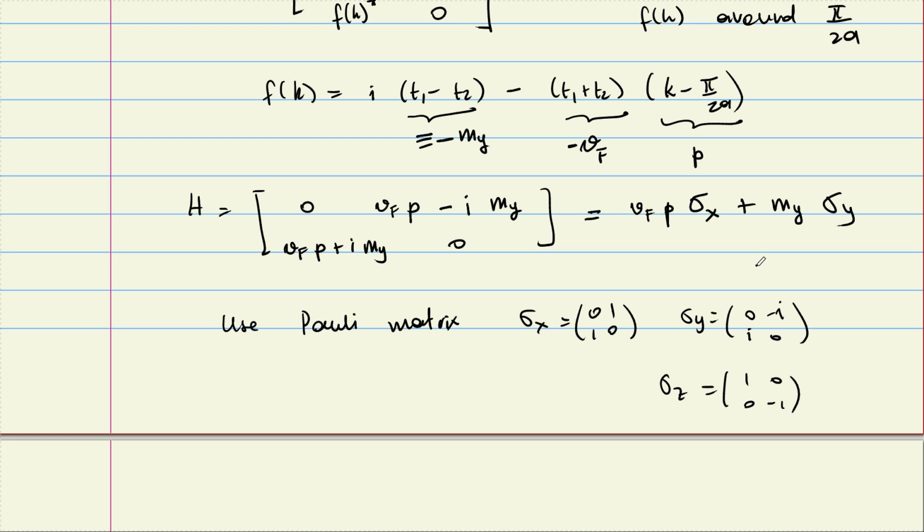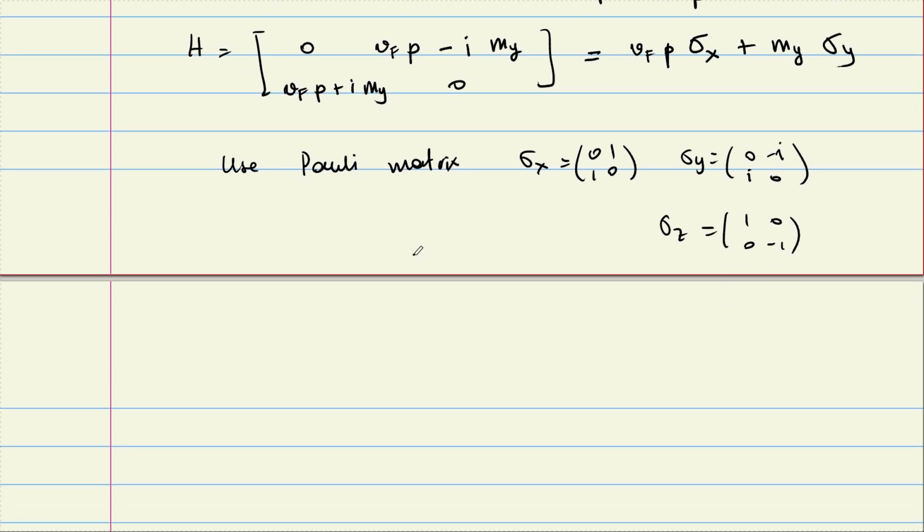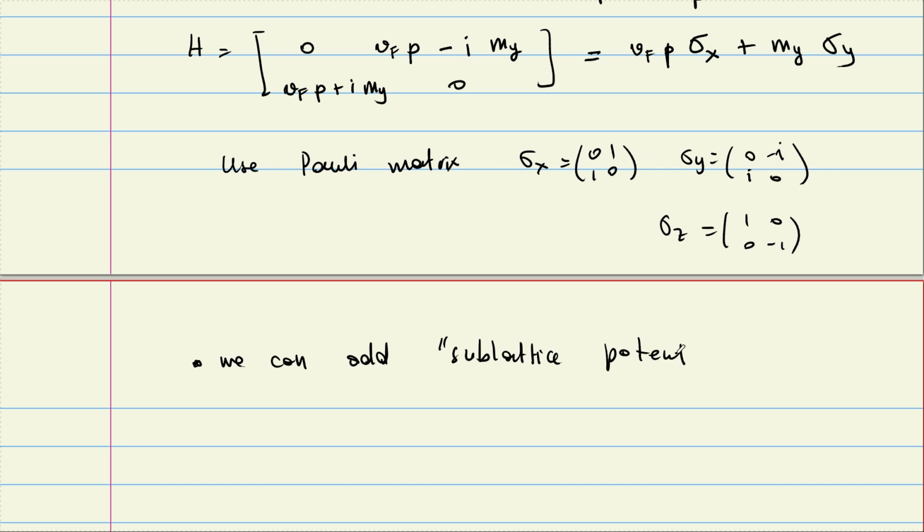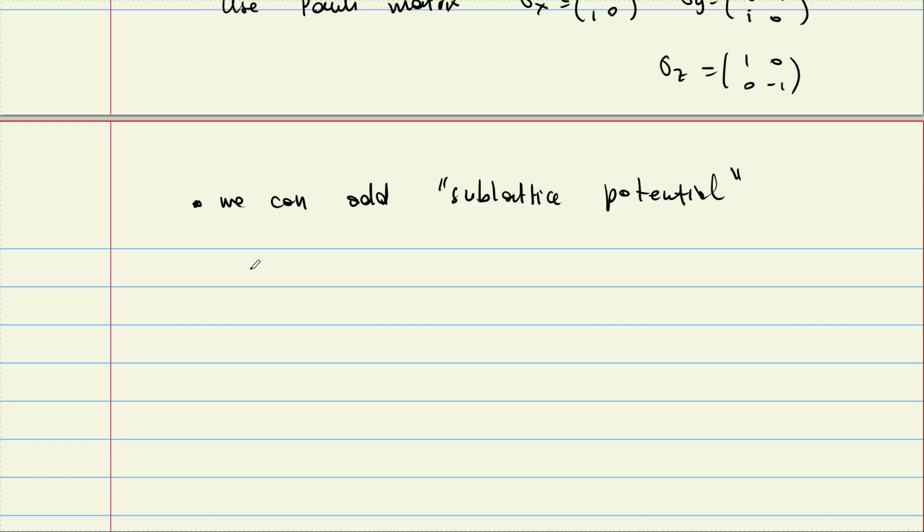Okay, and so we can also consider adding a so-called sublattice potential, or sublattice energy difference, which is going to be something like this. For example, H sublattice is going to be a sum over all sites.